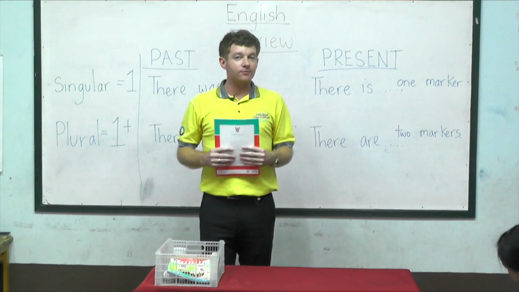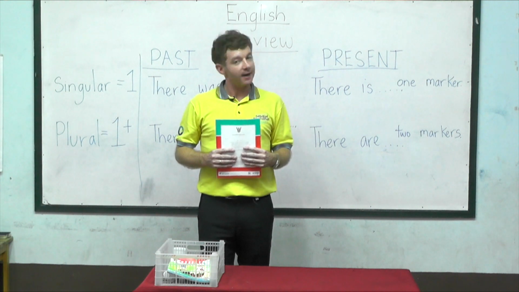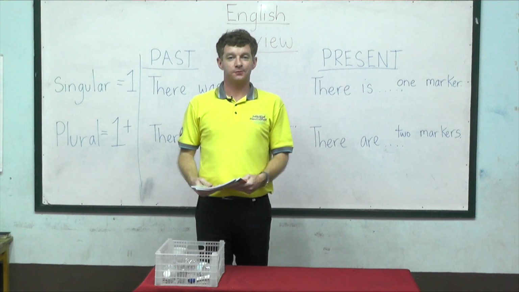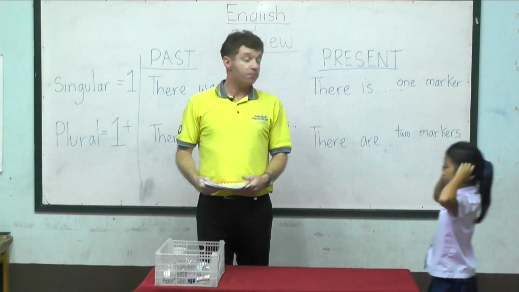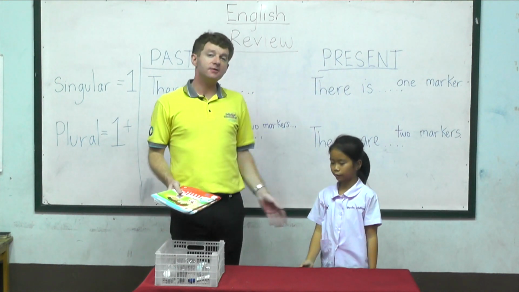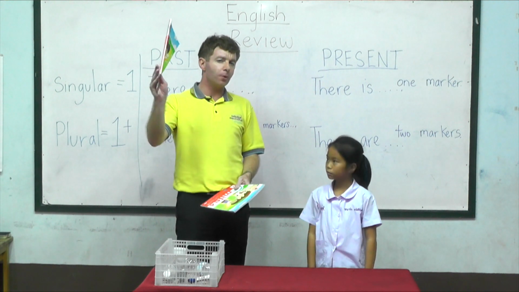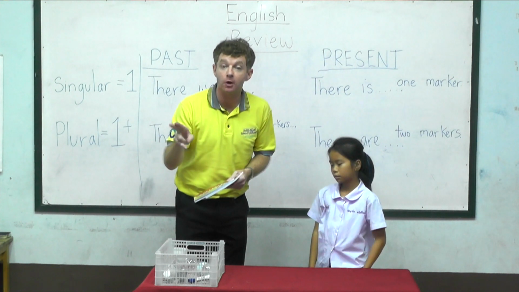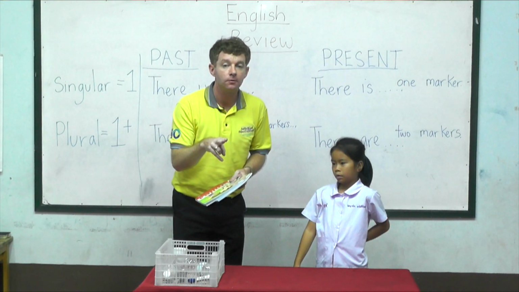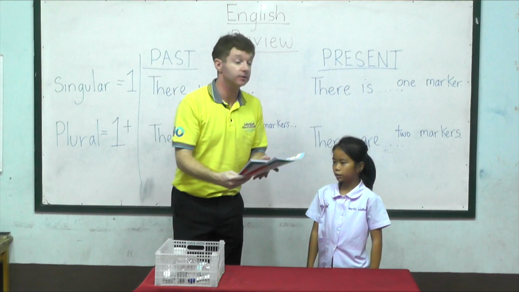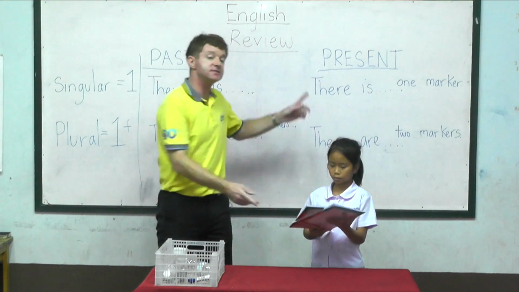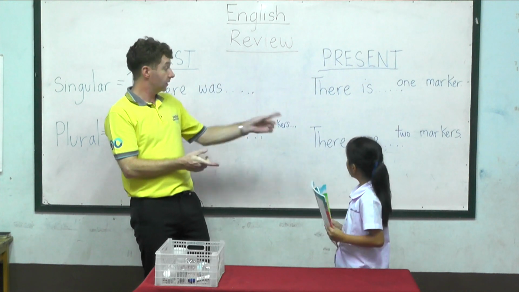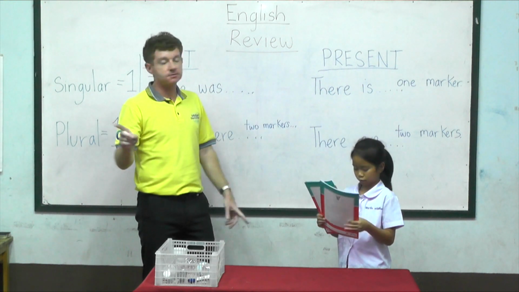And now I'd like to call my next assistant forward, Prel. So now Prel is here. Hello, Prel. And this time, not just one book, I will give Prel two books. So is two singular or plural? Plural, yes. So Prel, what will we say in the present tense with plural items? Not there is.